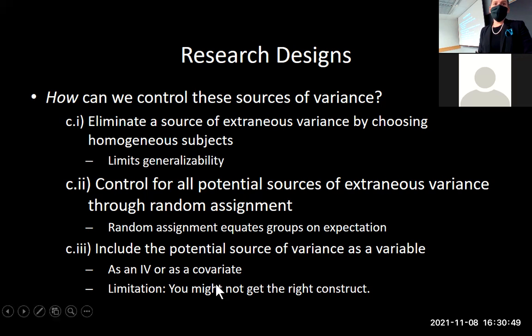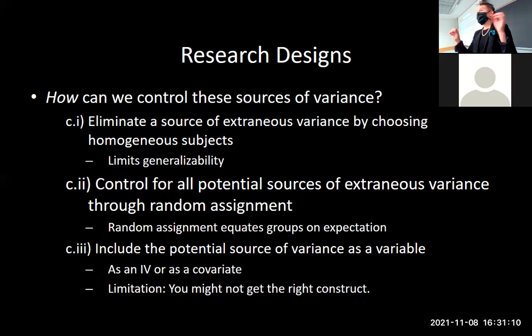Controlling for all sources of extraneous variance through random assignment allows you to control for all sorts of extraneous potential random effects that could be related to the response to your treatment.